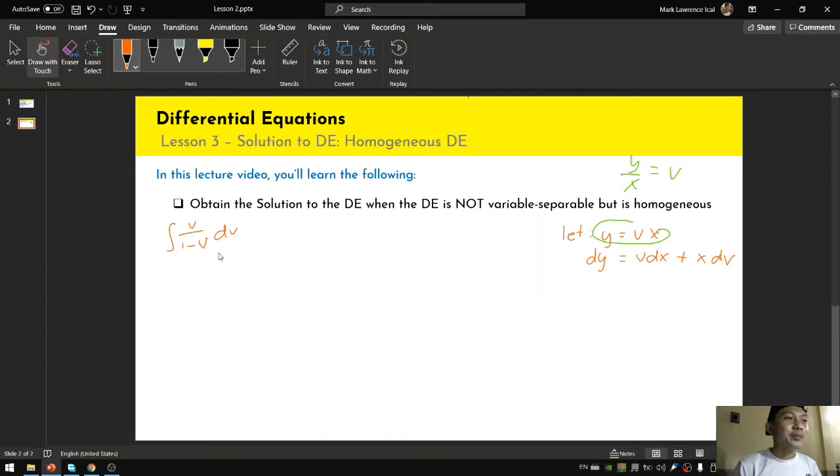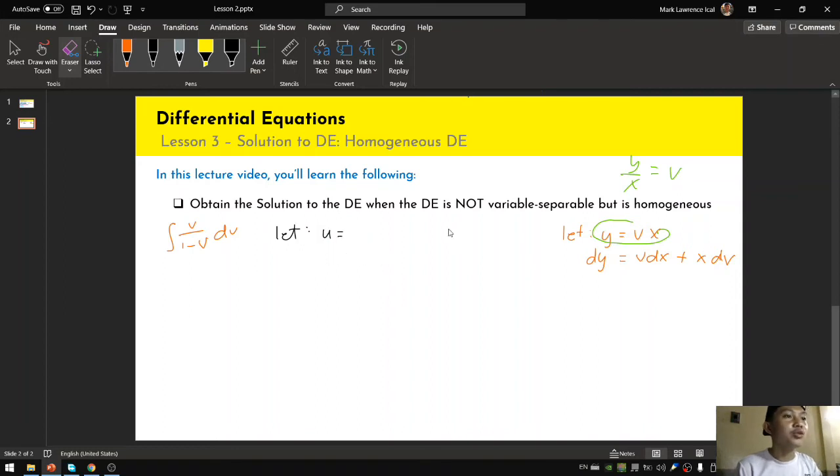Pero, paano kapag wala ka nun? Okay, so, ang technique kasi lagi ganito. Let u. So, isipin nyo muna. So, ito gagawin kong u. Kung gagawin mo u yan, di-differentiate nyo yan, magiging dv lang yan. So, parang walang nangyari. So, this is not useful. Okay?